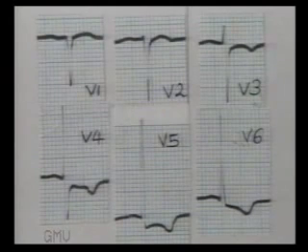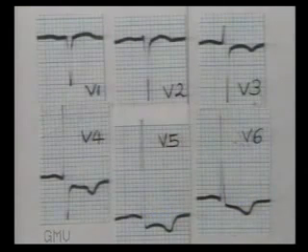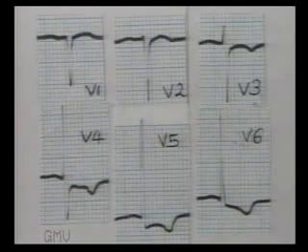So left ventricular hypertrophy is present. Now see leads V5 and V6. They show strain pattern with ST depression and T wave inversion. So this ECG shows left ventricular hypertrophy with strain with left axis deviation.